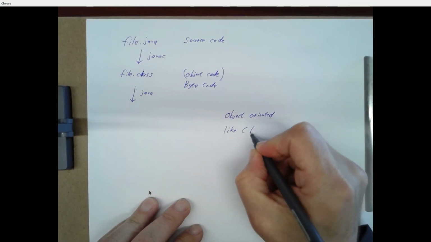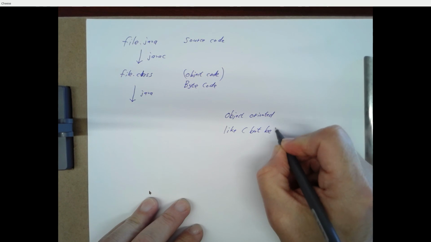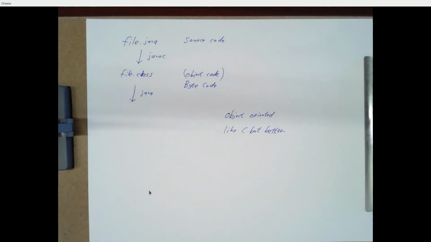It's like a higher level language, like C but better. This is an opinion, of course. It uses similar words. Is it an opinion, or is that actually a fact? Oh, there are no facts, right?